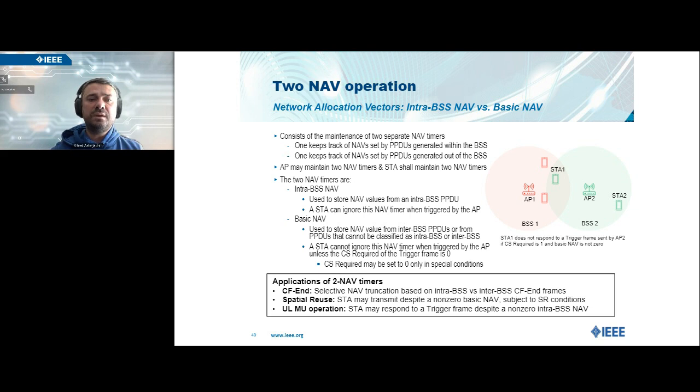As mentioned yesterday, spatial reuse relies on the NAV as well, because stations may transmit despite a non-zero basic NAV, subject to spatial reuse conditions, of course, and they don't rely on the intra-BSS NAV. And as I mentioned, in uplink MU operation, as a station you're free to respond to a trigger frame despite a non-zero intra-BSS NAV.